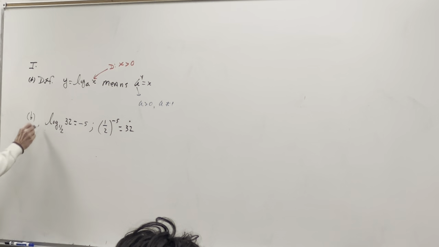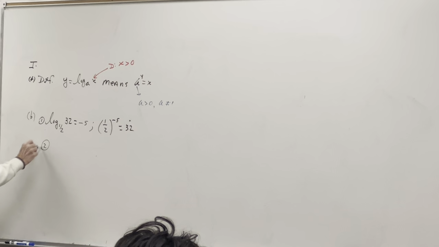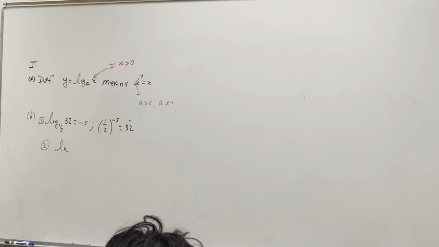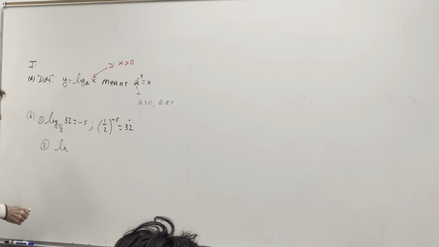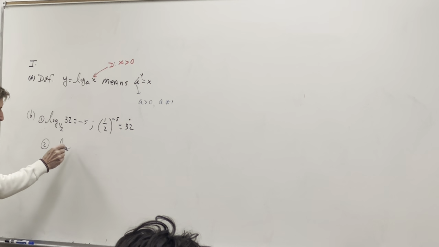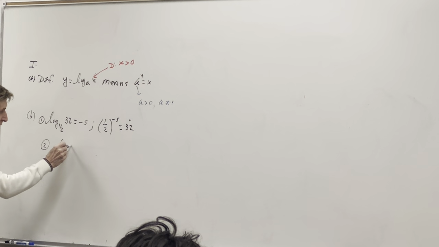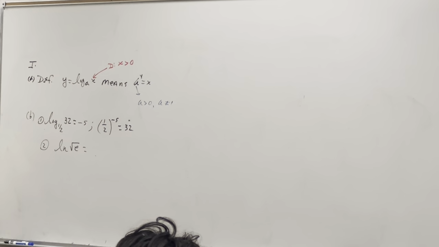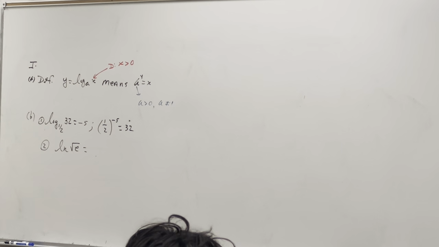Before I jump into what I've got to do here shortly, let's try another one. LN, if I use that abbreviation, the base is understood to be e. Remember that 2.718? It's understood to be e, though it's not written. Let's try LN of the square root of e. Give me a possible answer, then I'll use that definition so it makes sense.